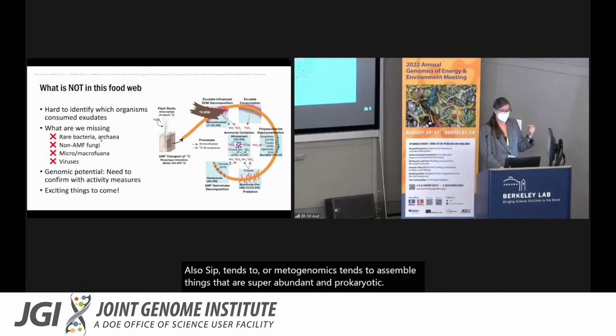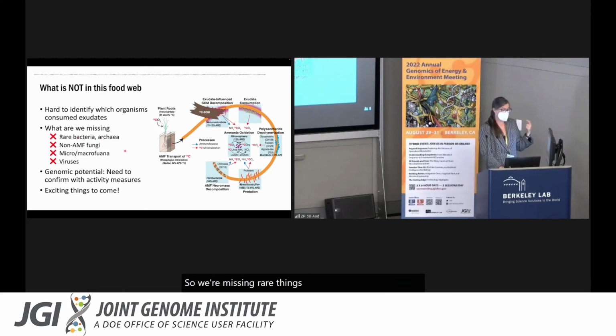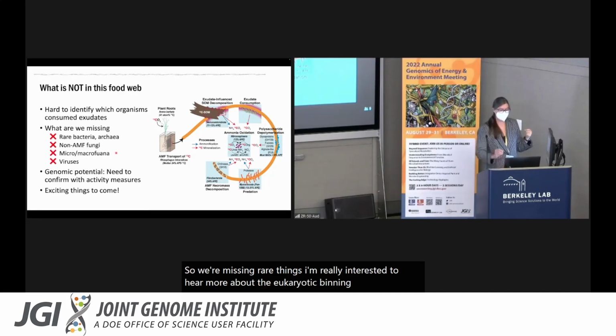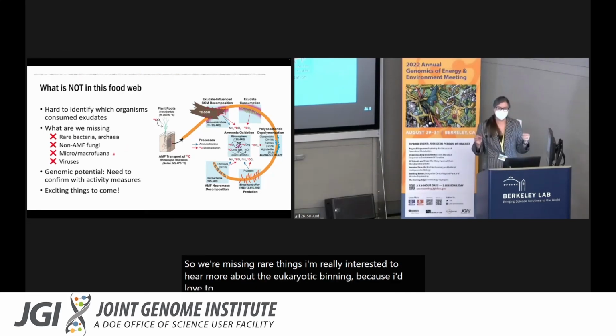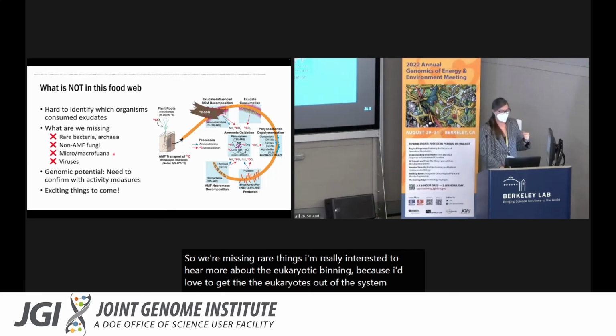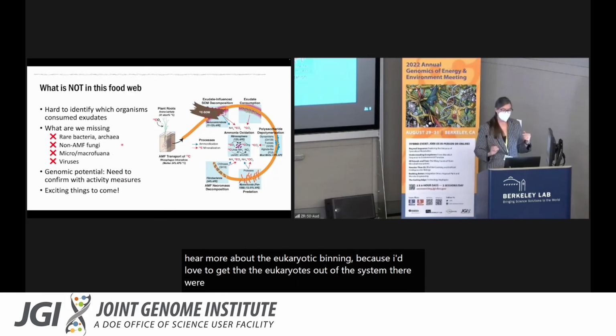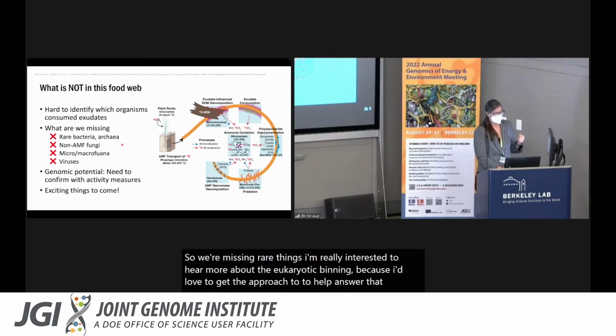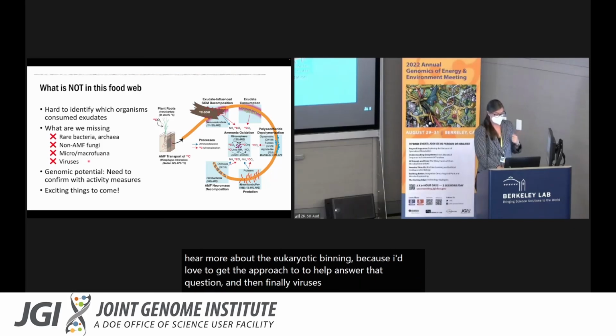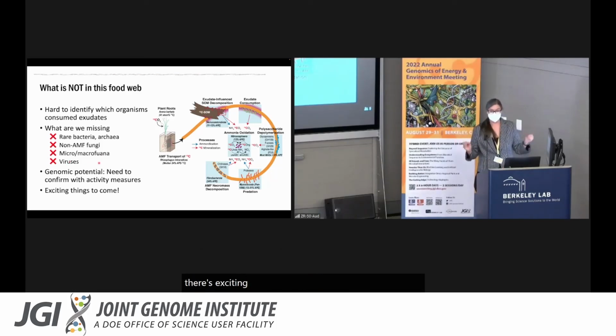So we're missing rare things. I'm really interested to hear more about the eukaryotic binning because I'd love to get the eukaryotes out of the system, though we're planning to maybe take a transcriptomic approach to help answer that question. And then finally, viruses. So there's exciting things to come. There's a lot we still have to learn.